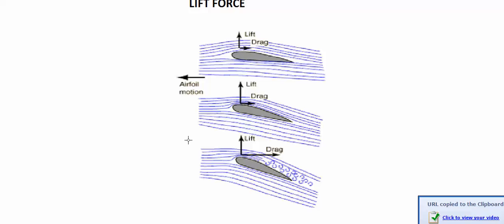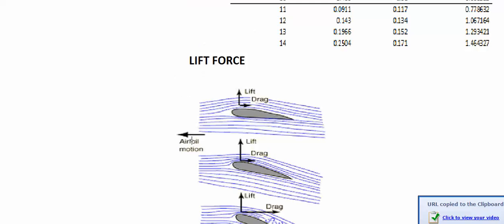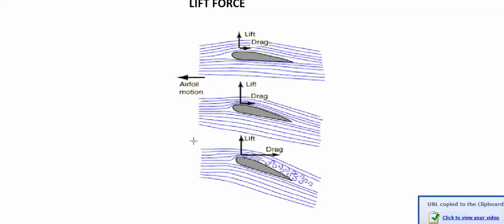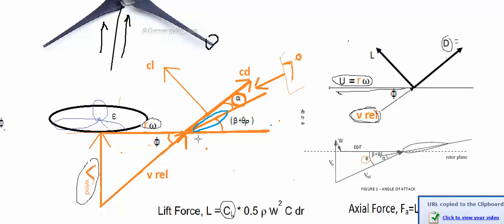Now having said this, let's look at how exactly the blade element would experience the lift force. In this triangle, as we can clearly see, we have a relative velocity, right? This angle phi, which is the angle of inclination, is a function of the magnitude of wind velocity and the linear velocity of the blade.